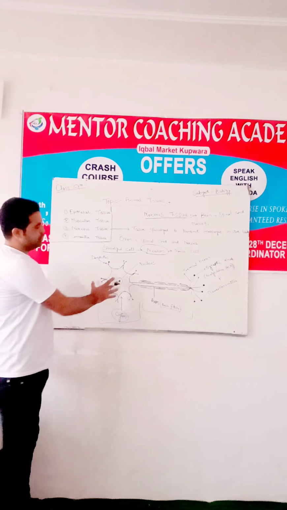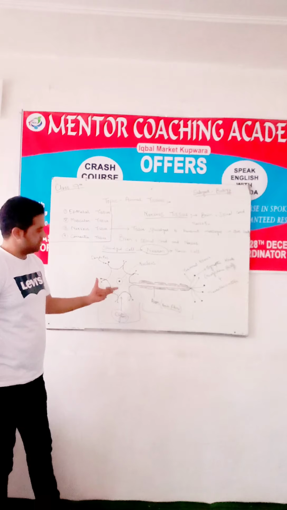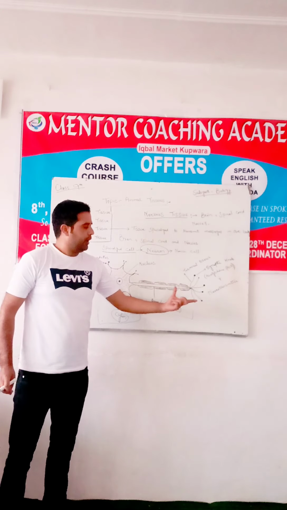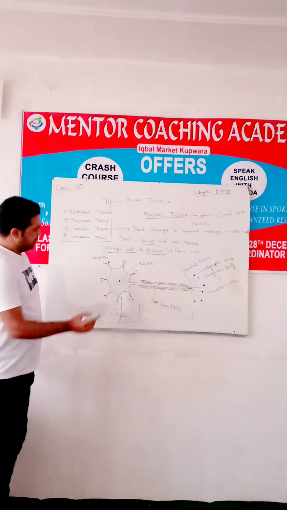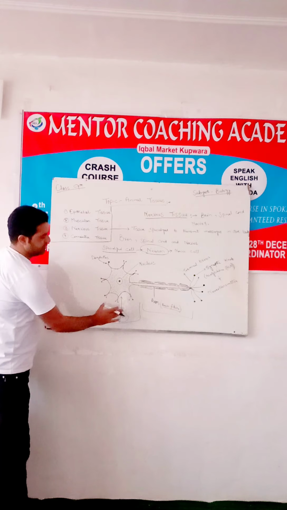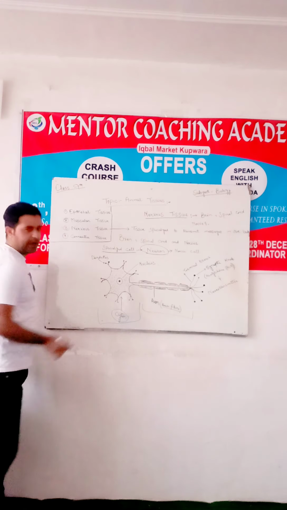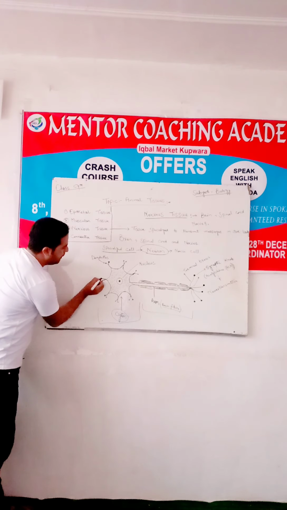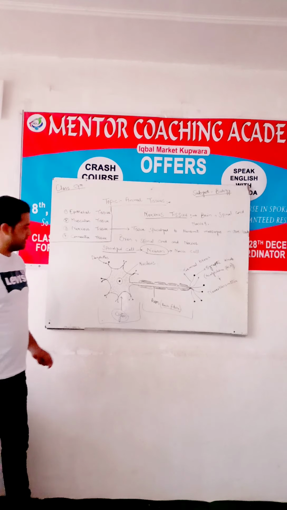How does this neuron help in transmission of signals from one part of the body to another? Basically, this cyton has these dendrites, which are meant for receiving different types of signals.